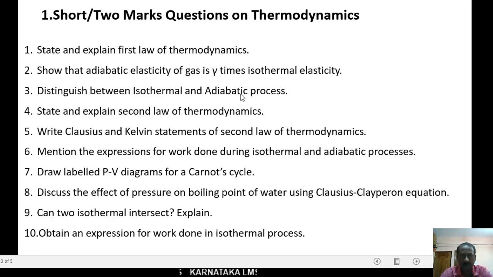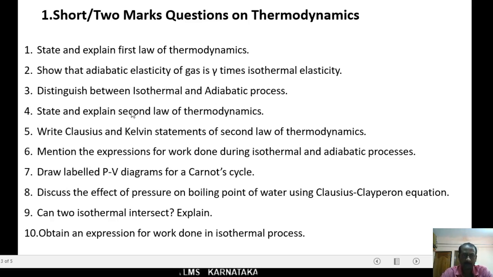Write what is isothermal and what is adiabatic, and write the equations: PV is equal to constant for isothermal and PV to the power gamma is equal to constant for adiabatic. Isothermal is a slow process, adiabatic is a sudden process, and like this.